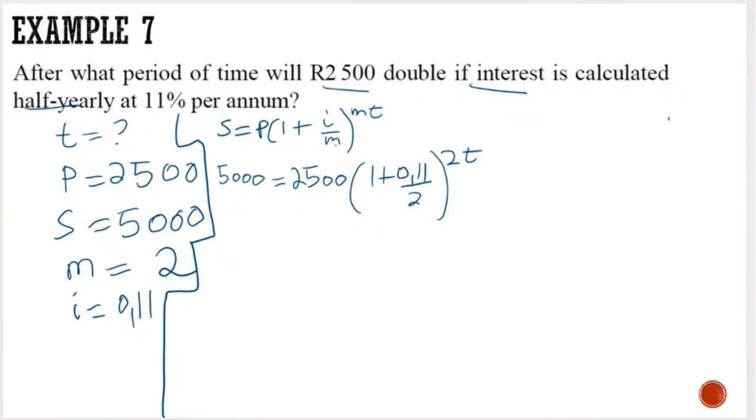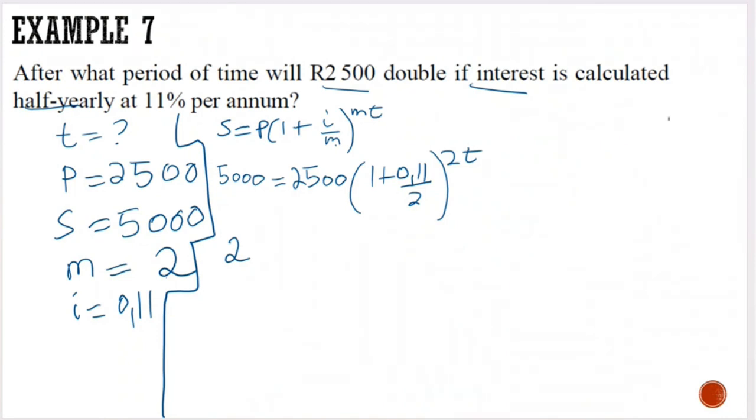Now you can just divide 5,000 by 2,500. You will find that it is equal to 2. Yeah, I cannot do arithmetic, guys, you must never trust me.